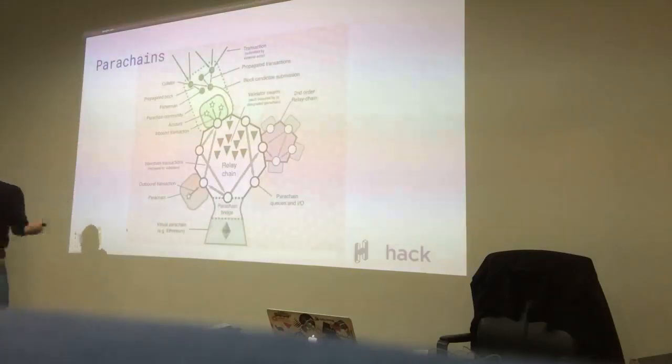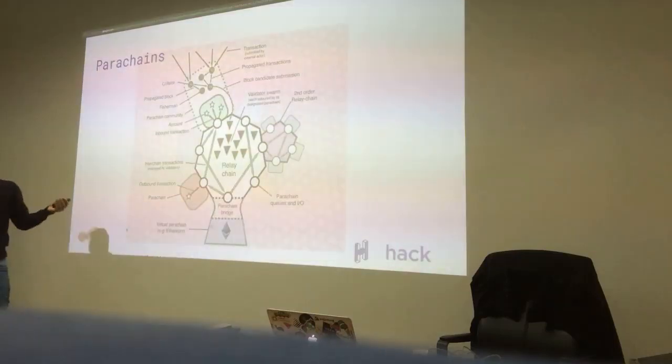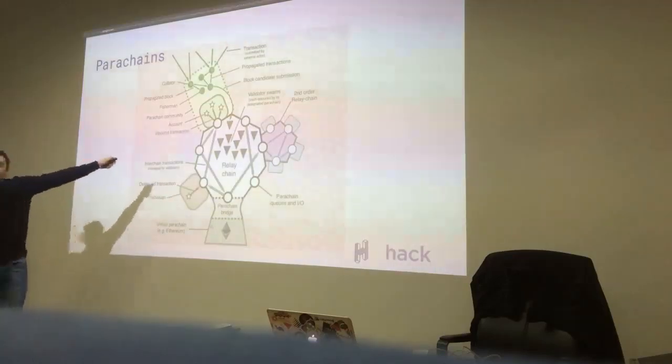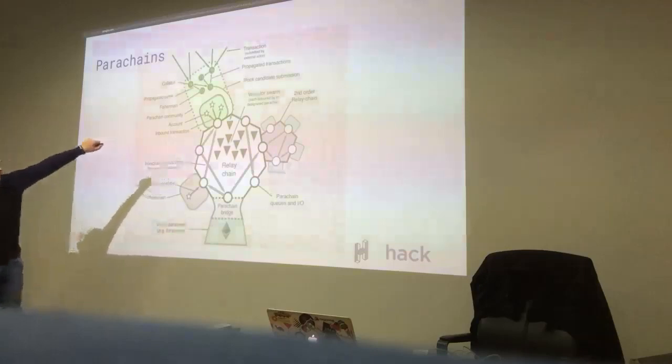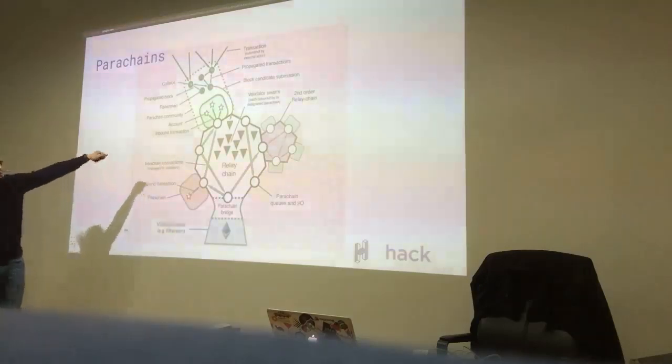The messages can be structured however you define your logic in your blockchain. However your message is defined, you can pass it through the relay chain via their protocol to another parachain.